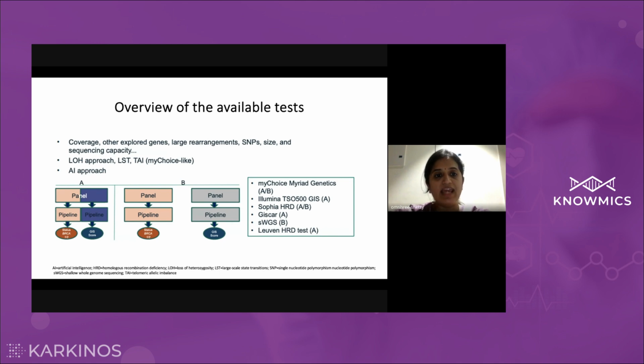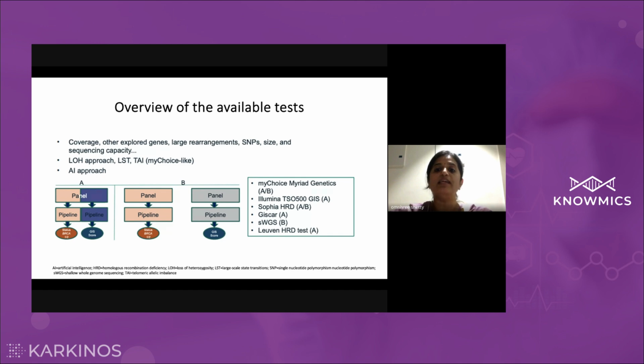If you look at A and B, A would comprise panels with a pipeline which derives somatic BRCA1 and 2, and another pipeline which looks into the genomic instability score, correct? Whereas when you have a B type of testing, you have one panel which is only looking into the BRCA1 and 2 status, and there is a completely different pipeline looking into the genomic instability score. So B has two different sets altogether.